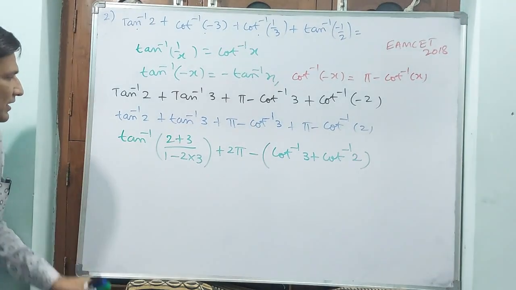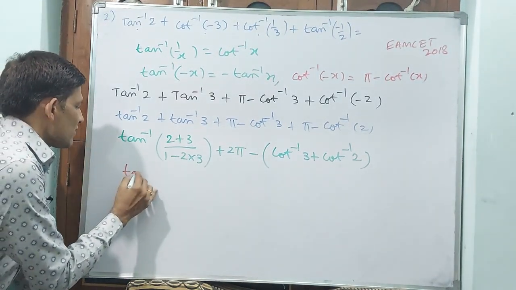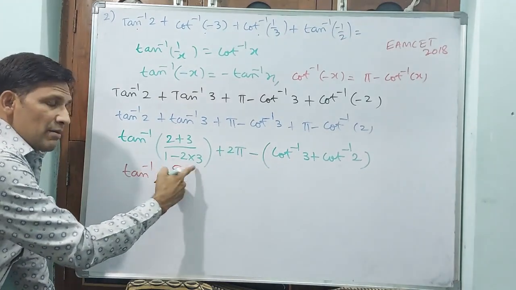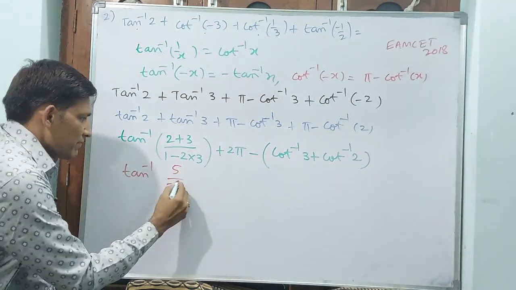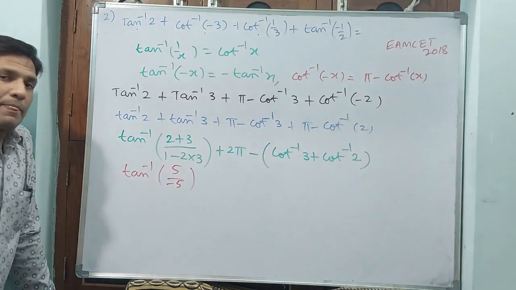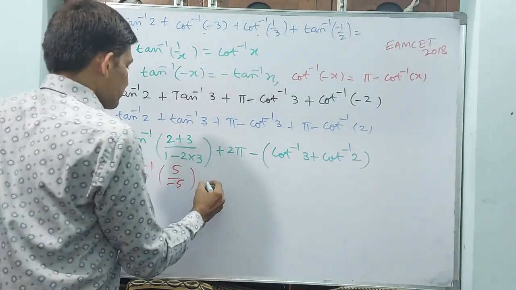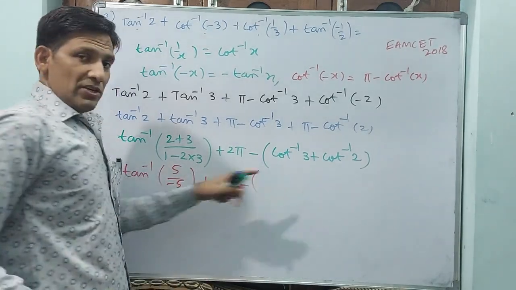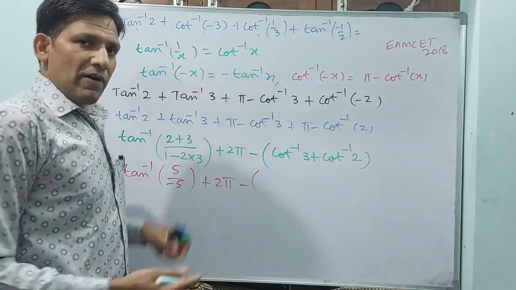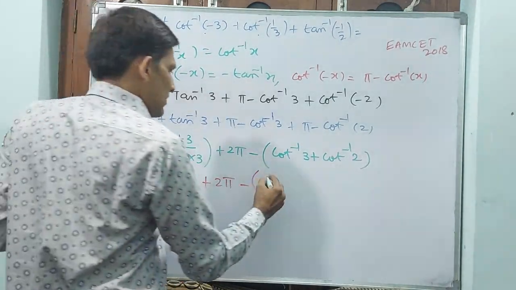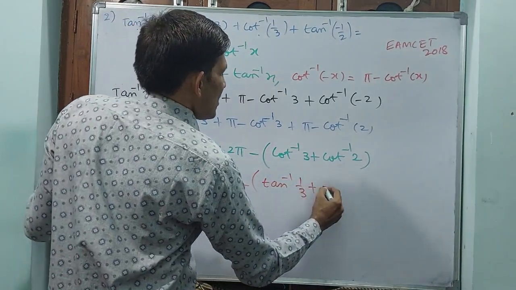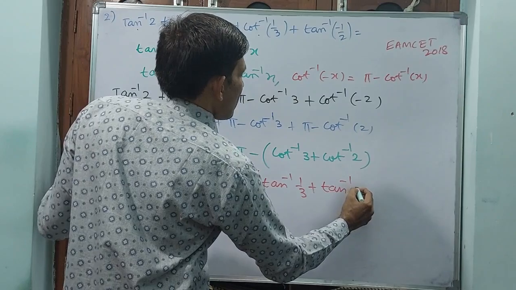Now you see, this is tan inverse of 5 by 1 minus 6, which is minus 5, plus 2 pi minus. Rather than applying the cot formula, I will apply the tan formula only. I am again reciprocating it: tan inverse of 1 by 3 plus tan inverse of 1 by 2.